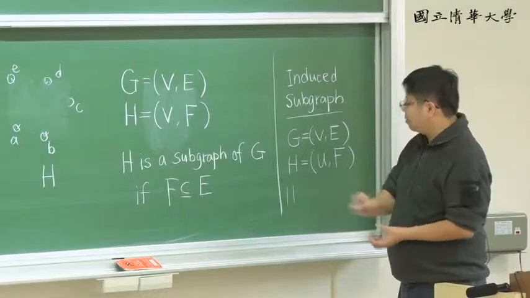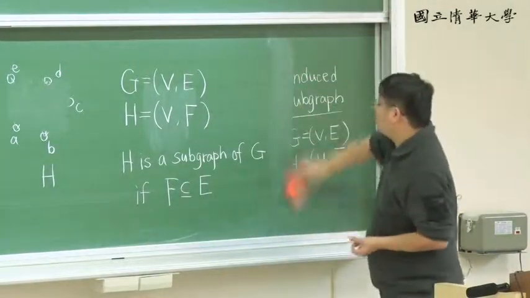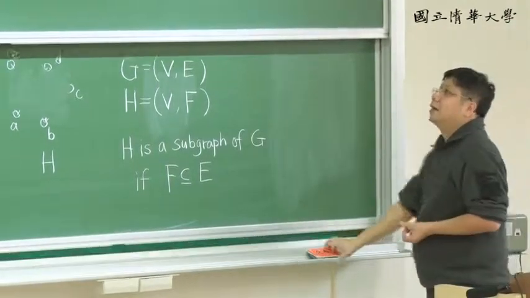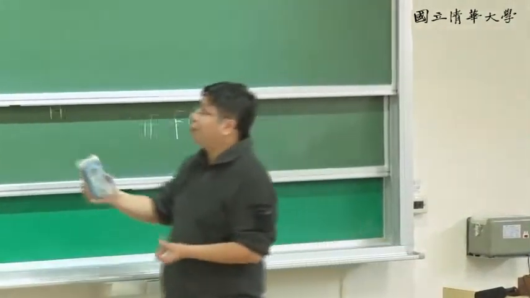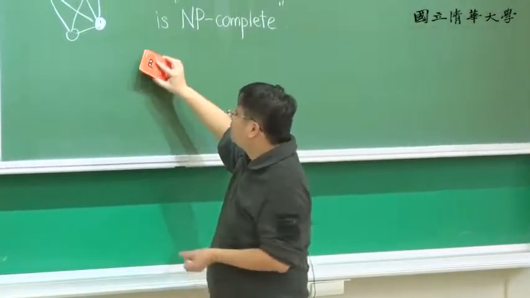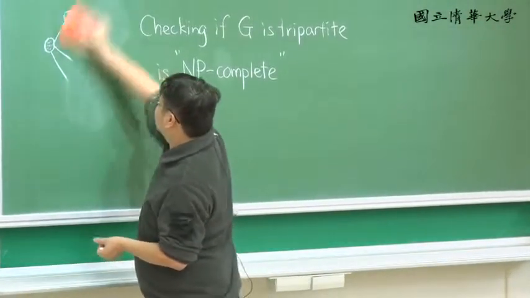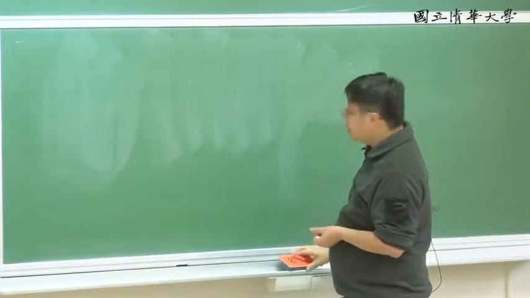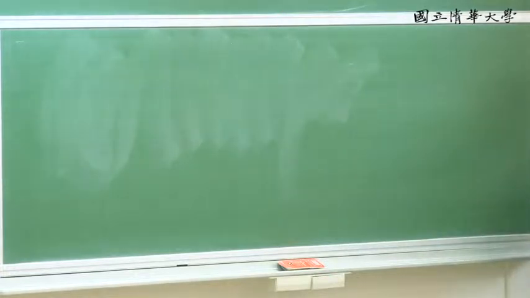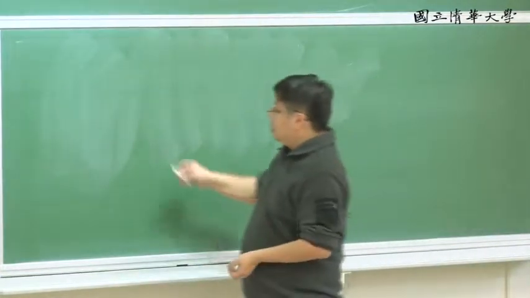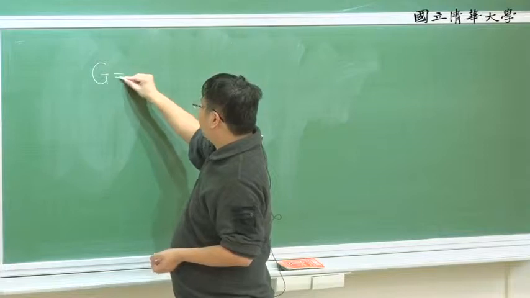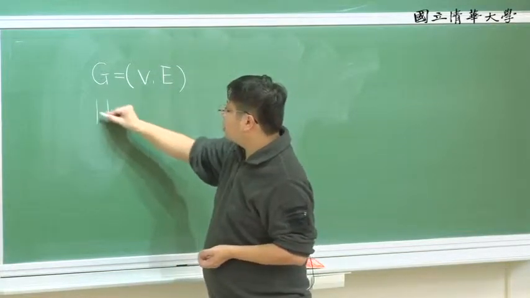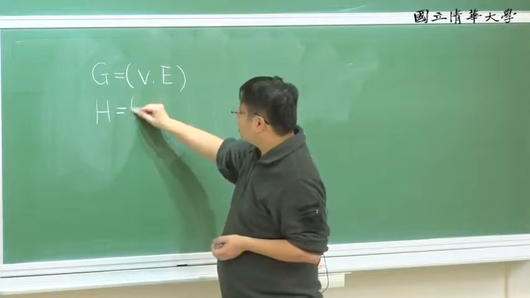I don't have space. Let me redraw it. Okay. So let's say G is a graph that is defined on the set V and E. Let's say H is another graph. Now this time, let's look at the difference.